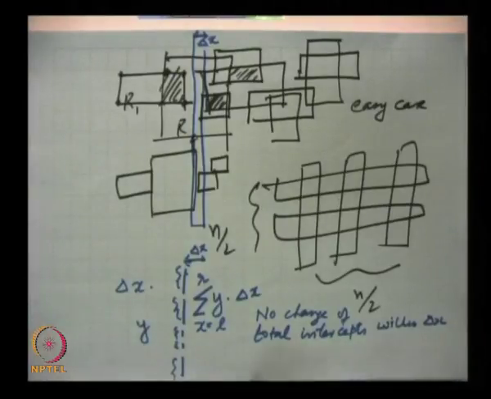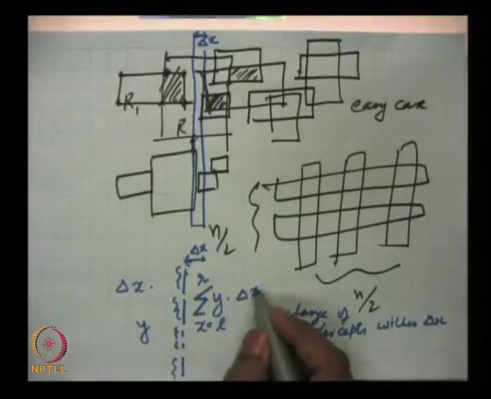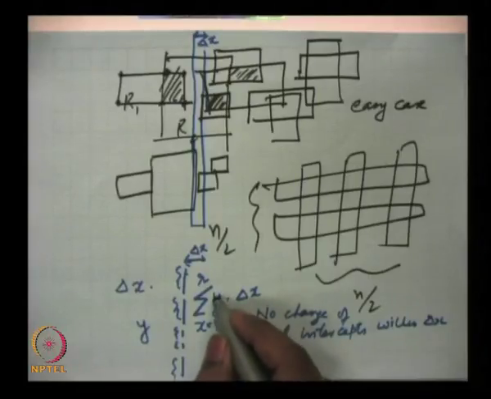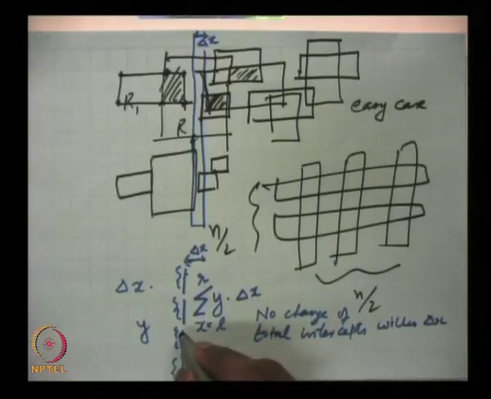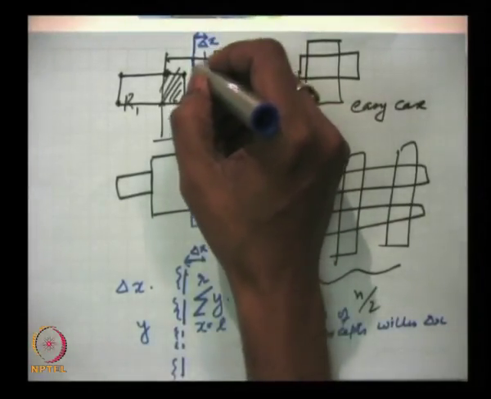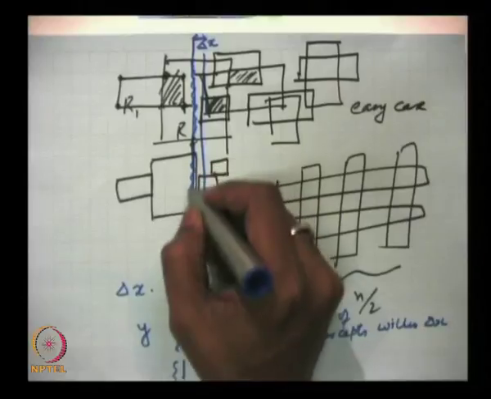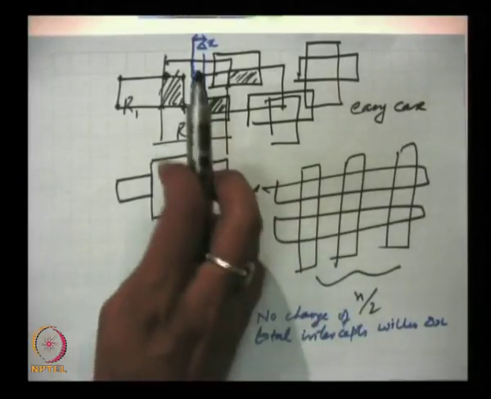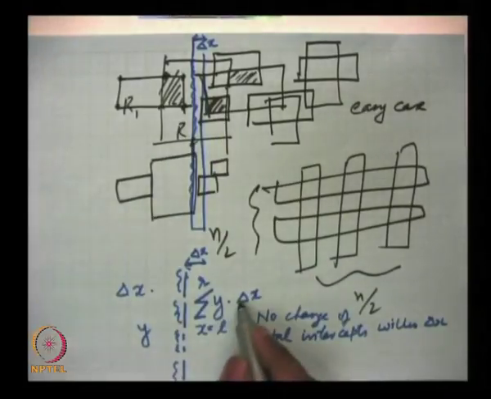So, this y multiplied by delta x, we can write this only if this y, which is the intercept of the rectangle, does not change. Here in this line, the intercept is essentially this plus this. So, as we sweep past, we do not want this y to change.